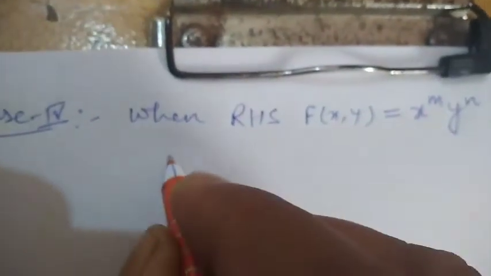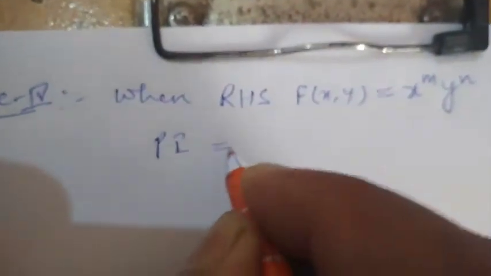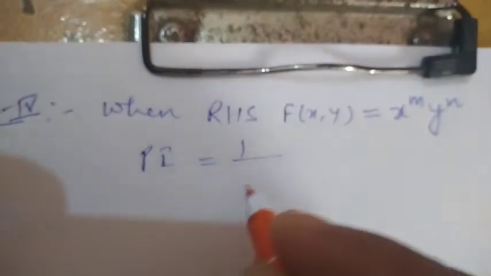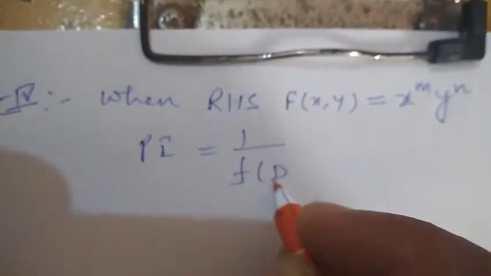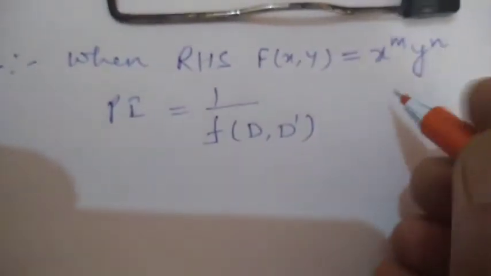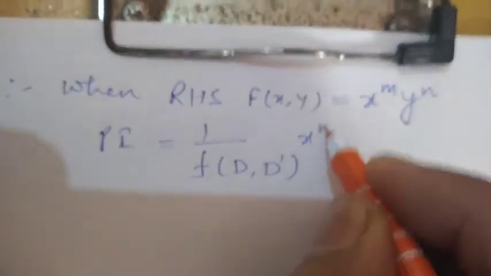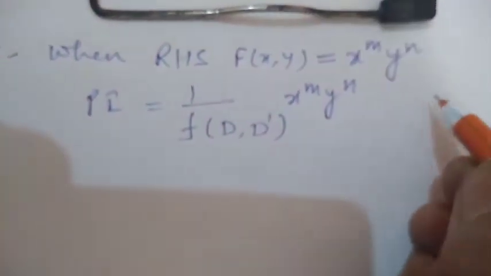Its particular integral can be obtained by f(D,D') acting on x to the power m y to the power n.